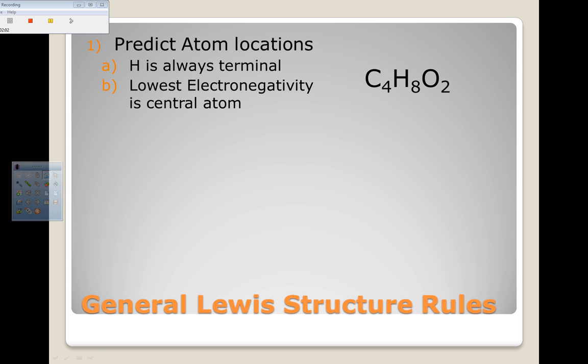So it can only ever have one bond. So, second part, your lowest electronegativity is always your central atom. And remember, who is the most electronegative? Fluorine. So if fluorine's the most electronegative, whoever's farthest from fluorine is going to go in the middle.